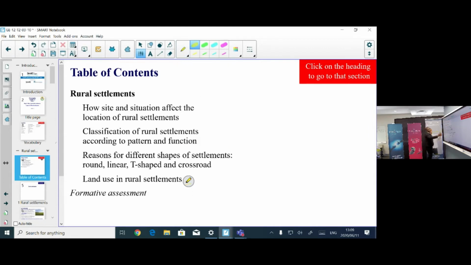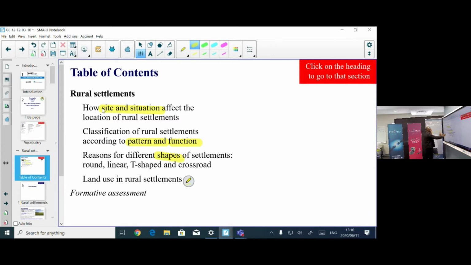So we are talking of site and situation and how they affect the rural settlement. And then we are also looking at the reasons why there are different patterns and what are the functions. Then we're also looking at different shapes of settlements.